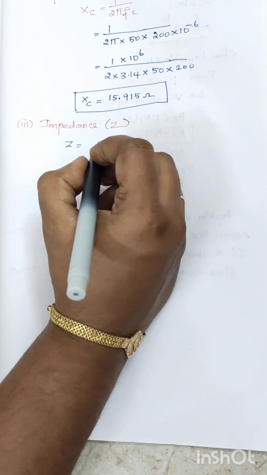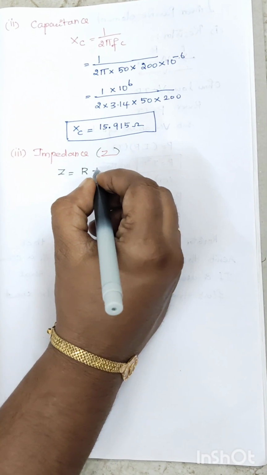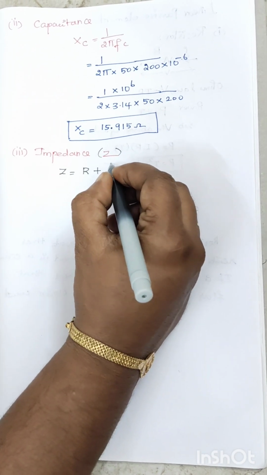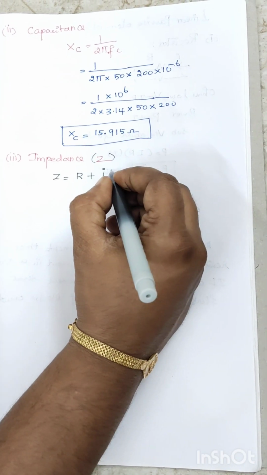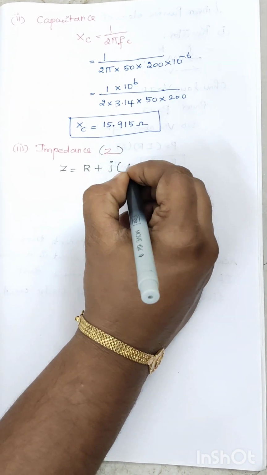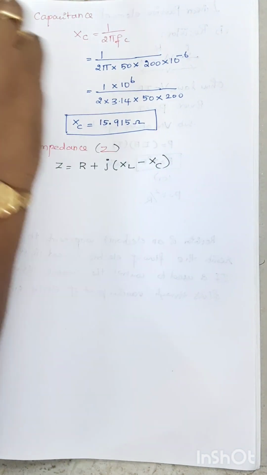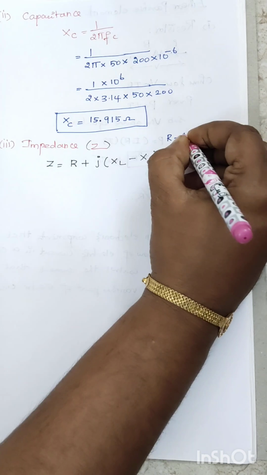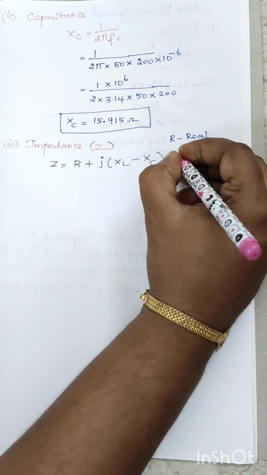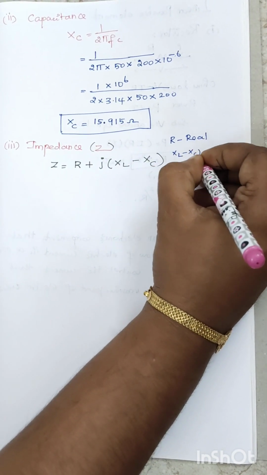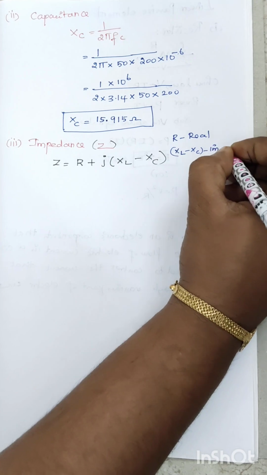Z is equal to R, the real term, plus J in terms of the imaginary term. The imaginary term is XL minus XC. R is the real part, and XL minus XC is the imaginary part.